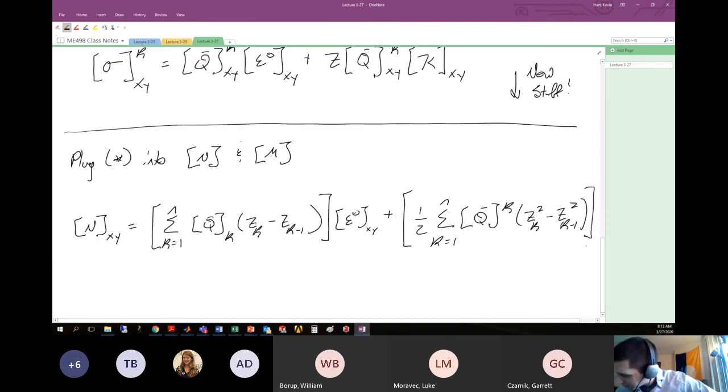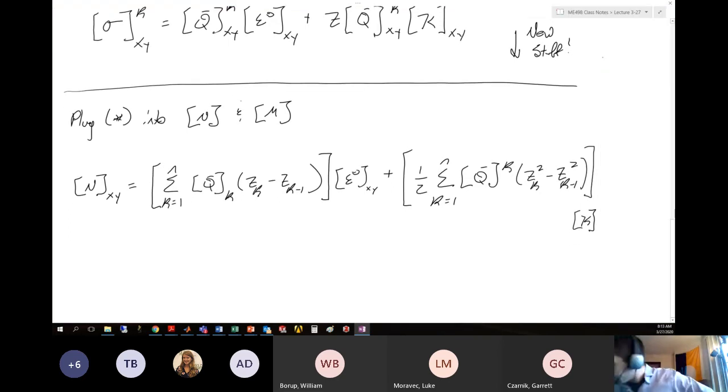This all times, sorry, I didn't quite fit it in here. I can make this bigger. Multiplied by the curvatures kappa in the xy coordinate system.